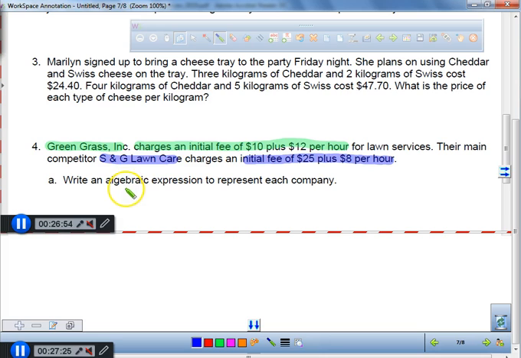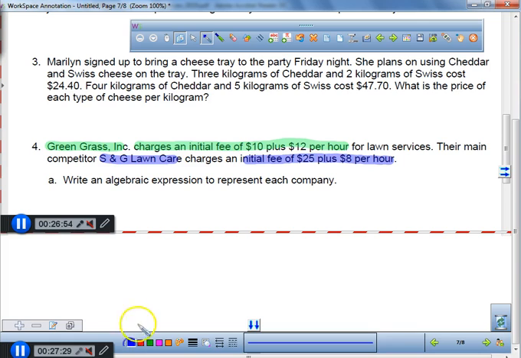Write an algebraic expression to represent each company. Now, here's what I want you guys to first identify. I want you to understand X equals the hours worked, like how many hours it takes them to complete a job. Y equals the money or the total cost for hiring them.